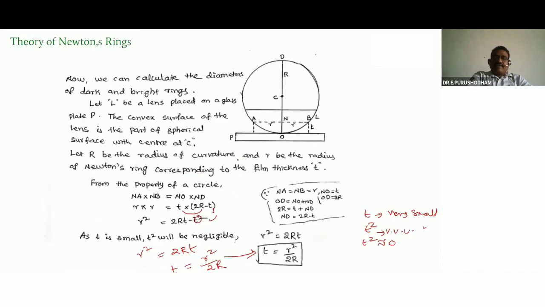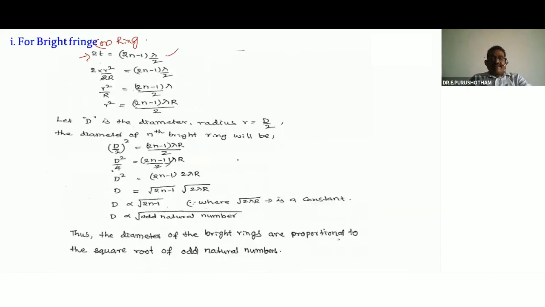So for a bright ring, 2t is equal to (2n minus 1) lambda by 2. Substituting the small t value, r square by 2R, the 2 gets cancelled, so r square is equal to (2n minus 1) by 2 into lambda R.